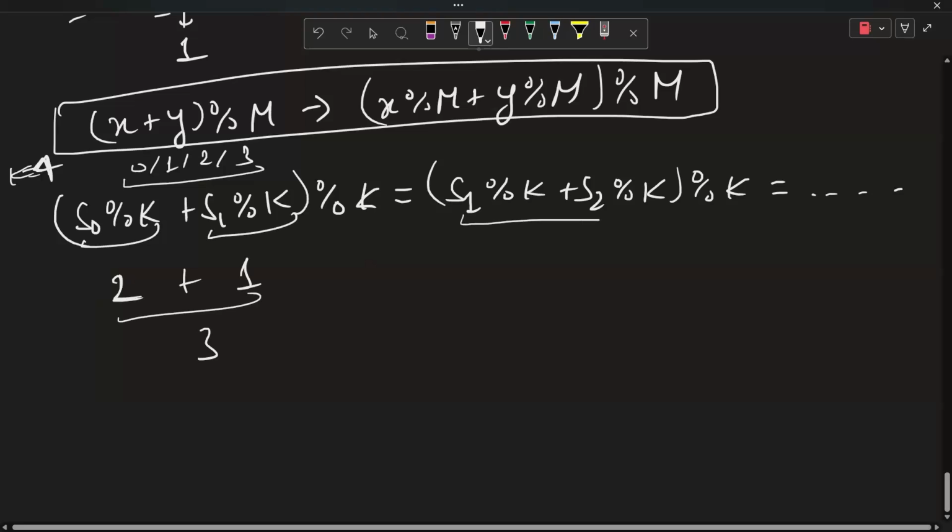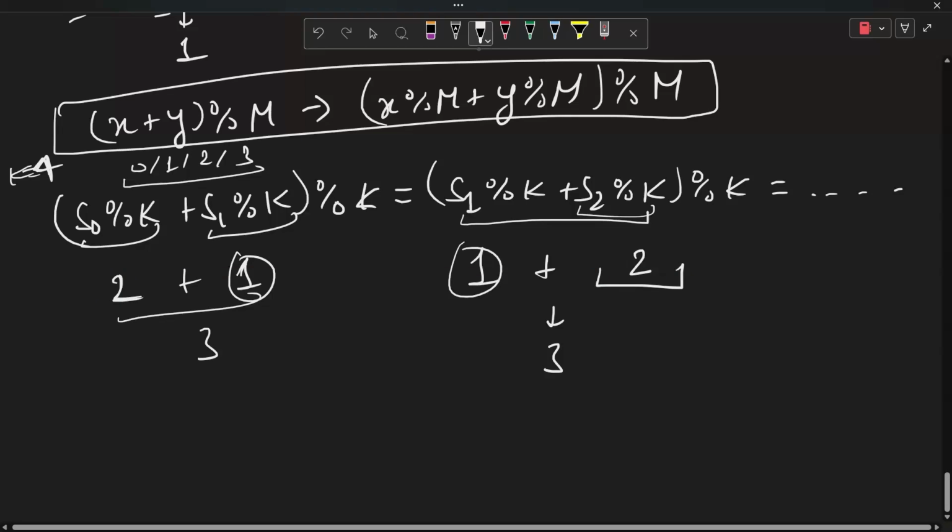It means this sum should also be 3. S1 mod k was 1, here also S1 mod k would be 1. Now, 1 plus what would make a 3? 1 plus the value of S2 mod k is going to make a 3. So, S2 mod k should be 2.